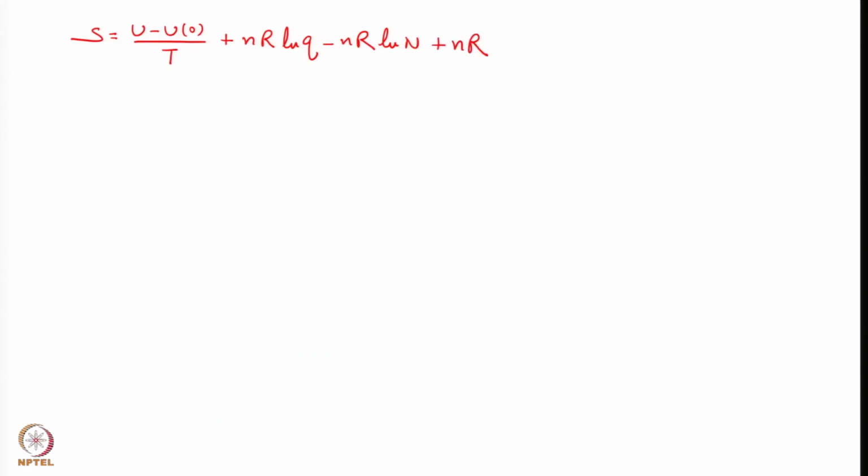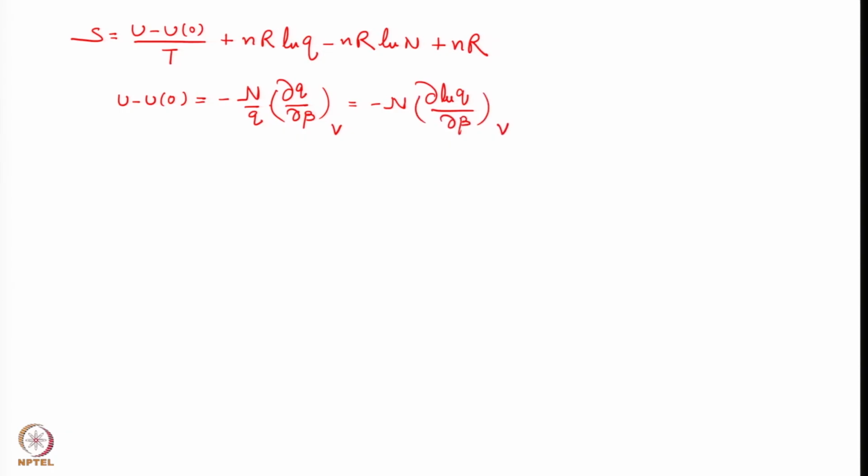Now, we need to also connect this U minus U0 by T with the molecular partition function. And that also we know, U minus U0 is equal to minus N by q del q by del beta at constant volume, which I can write as minus N del log q by del beta at constant volume. dq by q can be written as d log q.